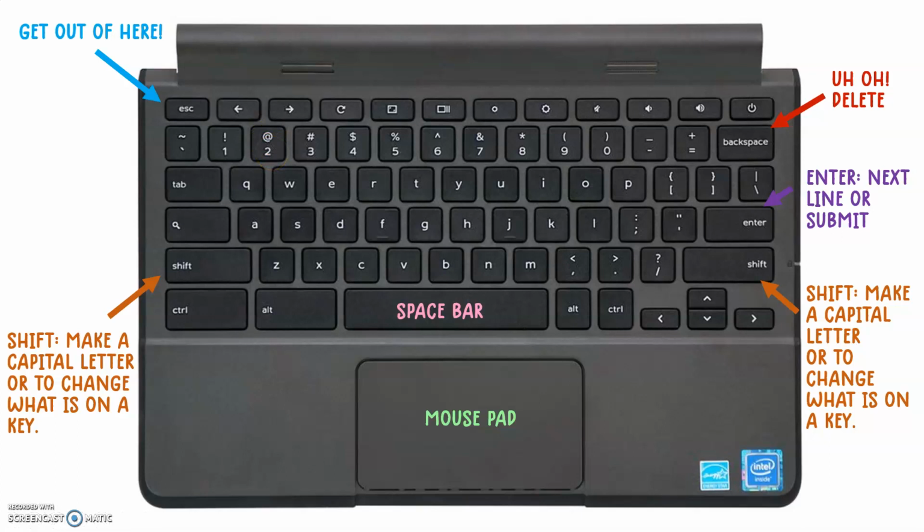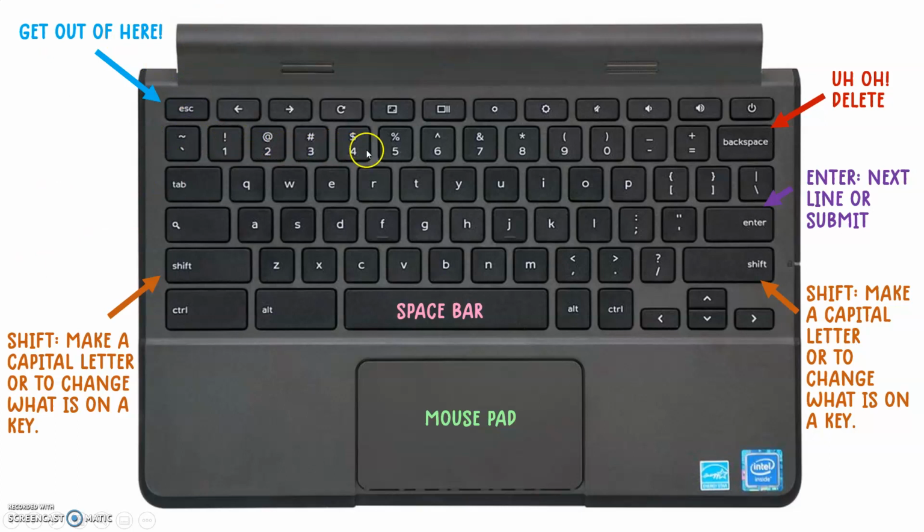So if you are trying to log in and use your email and you need the @ symbol, you will take one finger and you will press down shift. Don't let it go. Then you will go up to the number 2 and just tap it one time, and then that 2 on your screen will actually be the @ symbol. That can work with anything that has two things on a key.